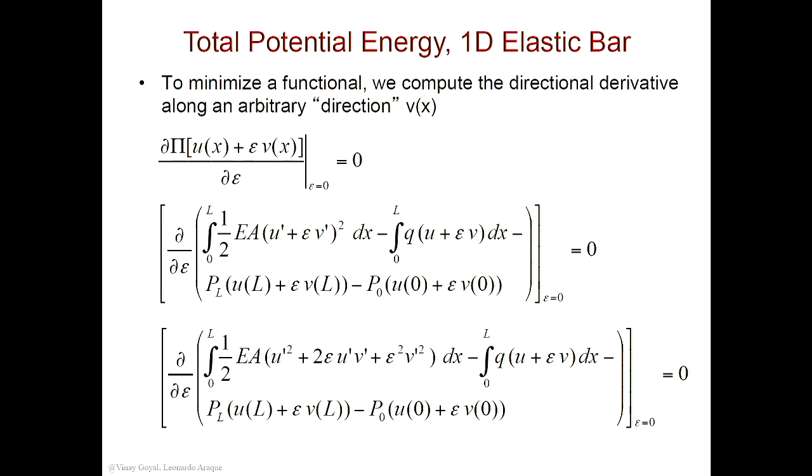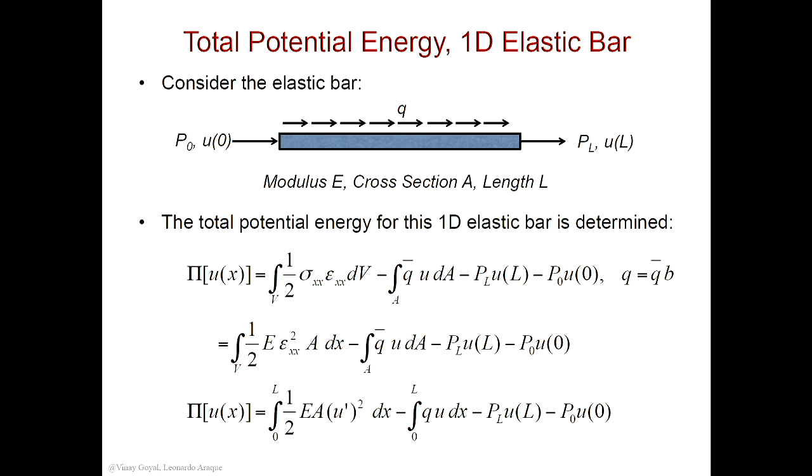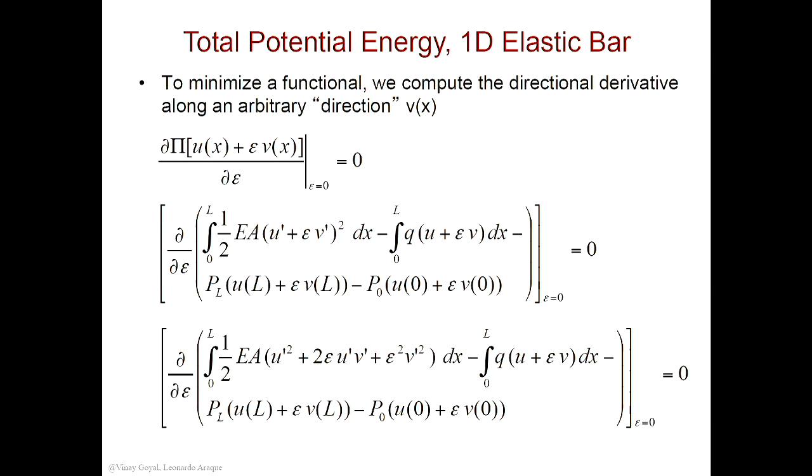So all you have to do is plug in u plus epsilon v, v being an admissible, possible function. Everywhere you see u, I replace it by u plus epsilon v.